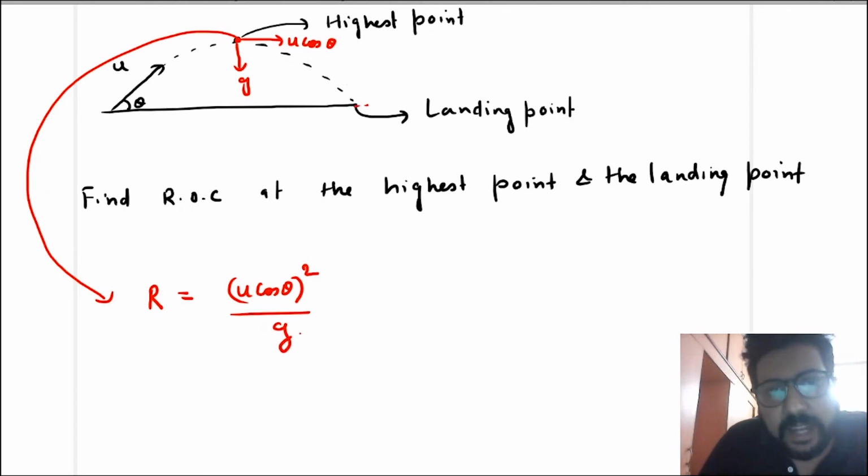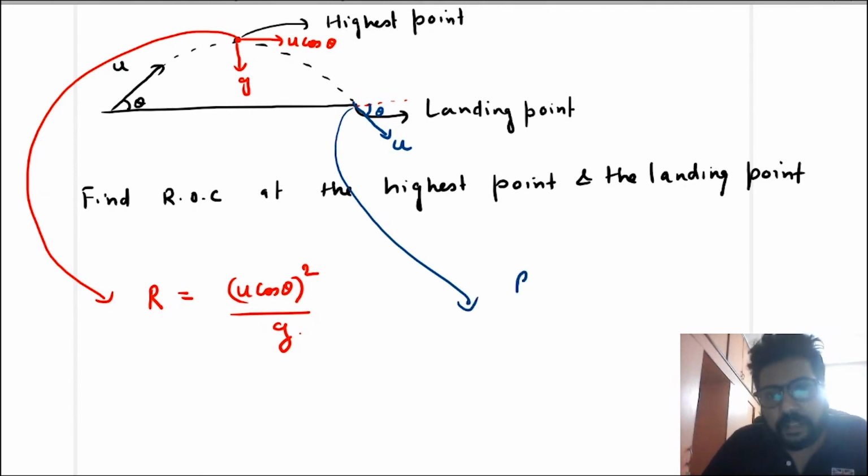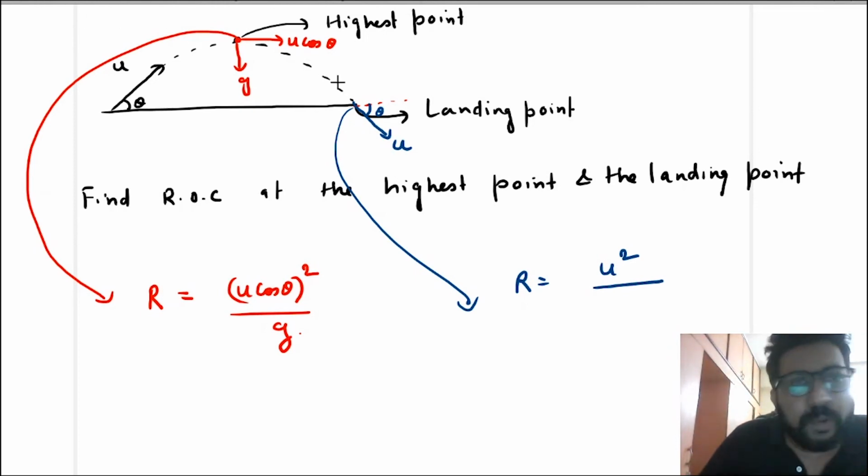But at the landing point, the speed will be same as the projection speed and the angle with the horizontal will also be same. So the radius of curvature at this point will be equal to speed square divided by the component of acceleration. This is g, but you need the component of acceleration perpendicular to velocity.